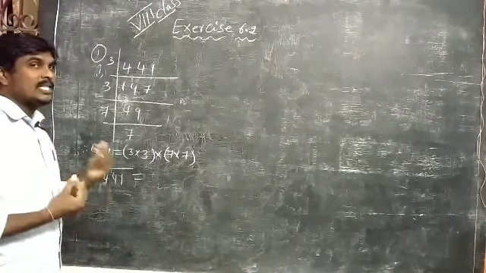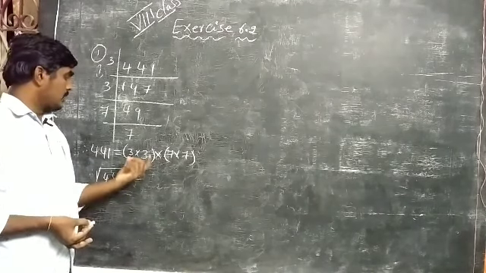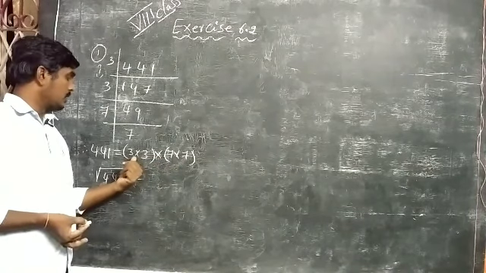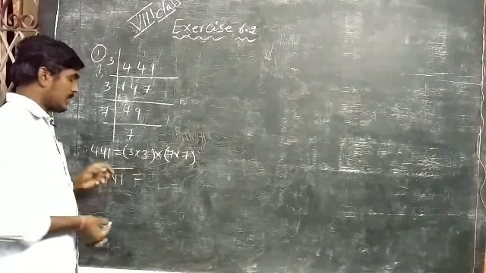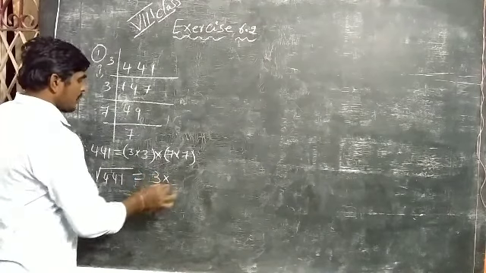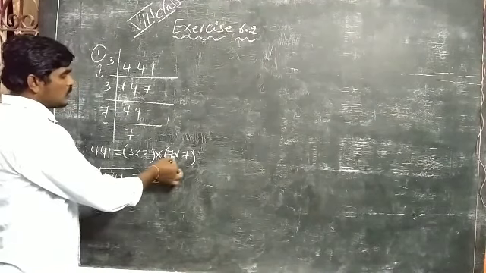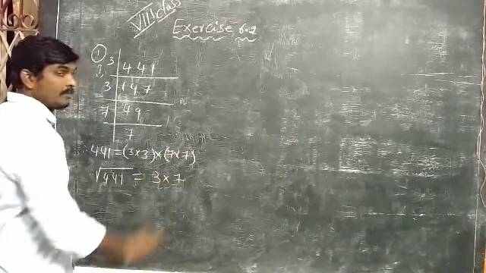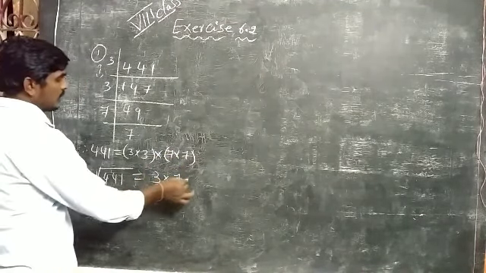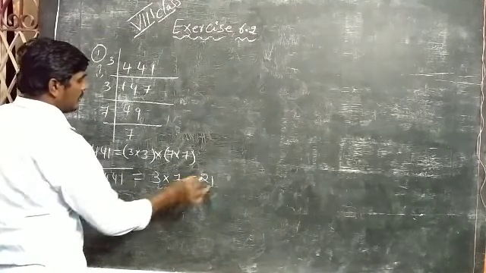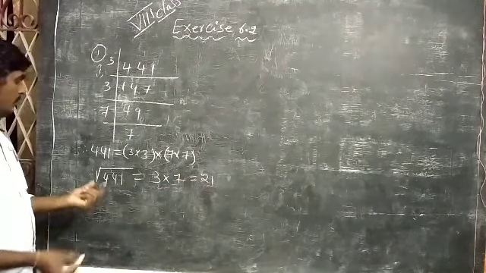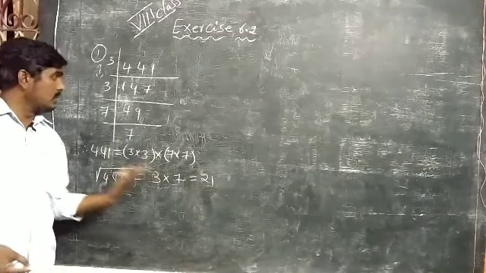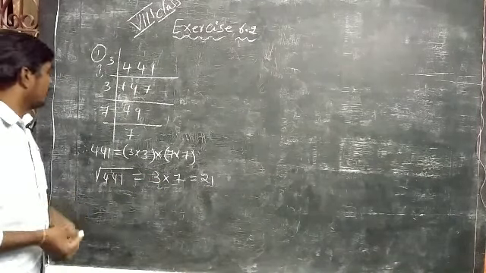While finding the square root of any number, we should not take all the factors. Instead of two equal factors, take one factor. From these two numbers, because both are the same factor, take one factor only, that is 7. So 3 sevens are how much? 21. Therefore, the square root of 441 is equal to 21. This is the first answer.